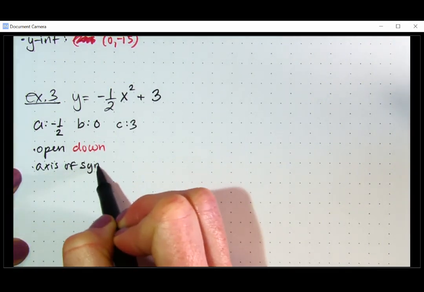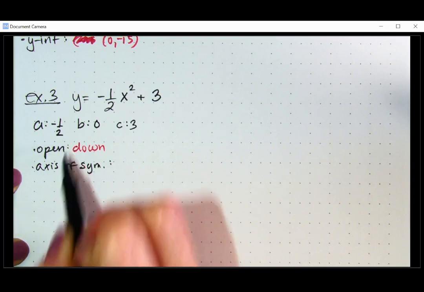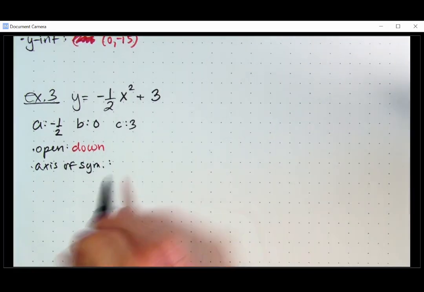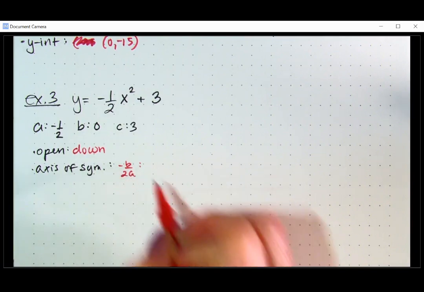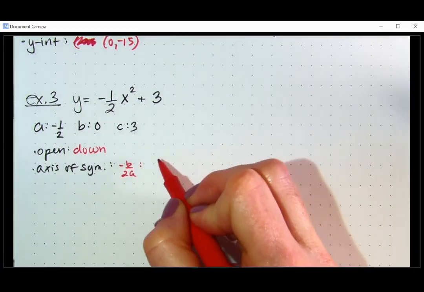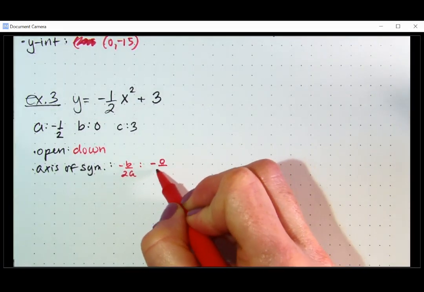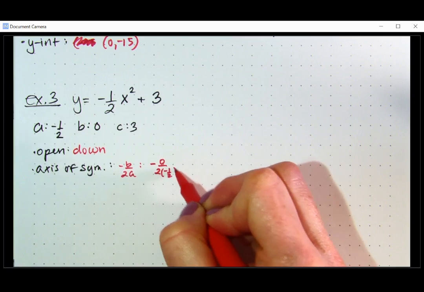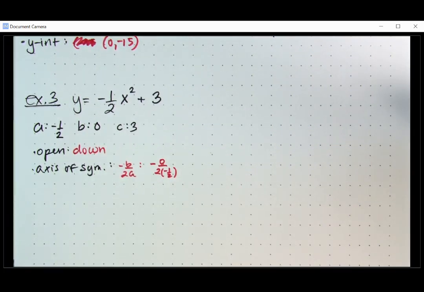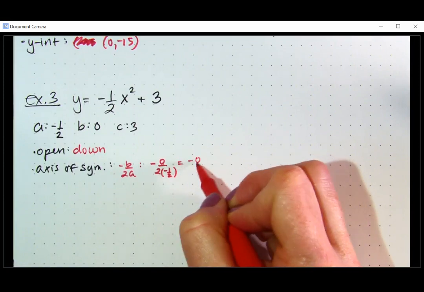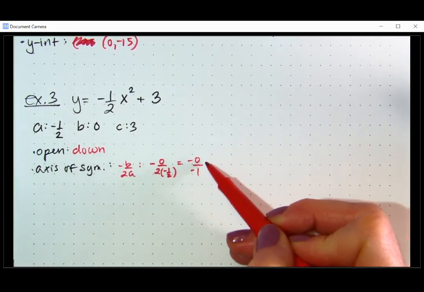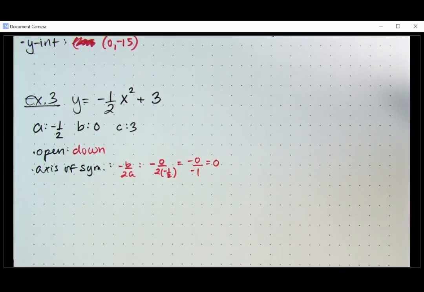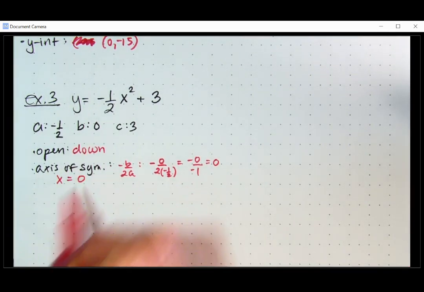My axis of symmetry is going to be -b/2a, which is going to become -0/2 times -1/2, which is -0/-1. 0 divided by a number is 0. So my axis of symmetry is x equals 0.